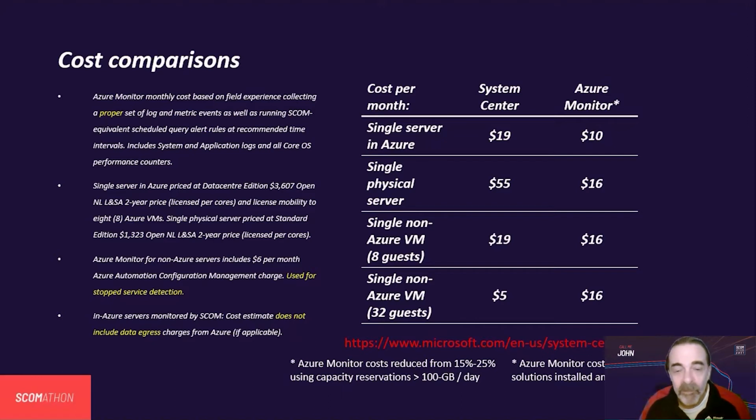So go forth with the knowledge that Azure Monitor has a cost that is comparable to SCOM and can be less expensive than SCOM or more expensive than SCOM, depending on what you're monitoring and the environment. So the cost is not the only driver. It's a big driver, but not the only driver.